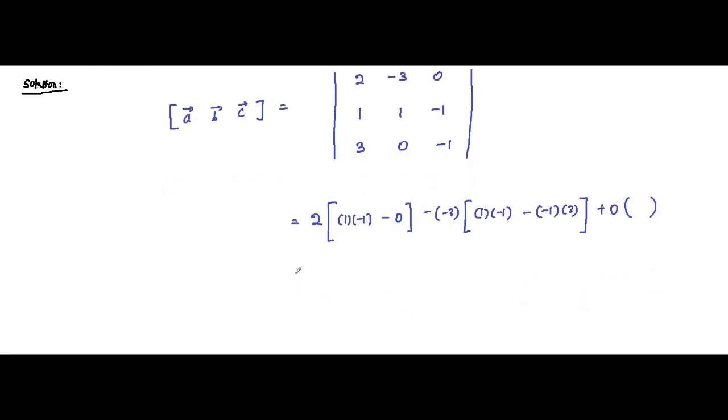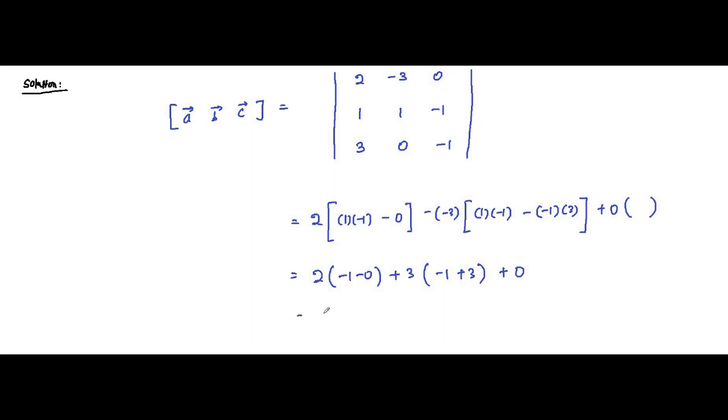So this becomes 2 into minus 1 minus 0, plus 3, minus of minus 3 becomes plus 3, into (minus 1 plus 3), and then plus 0.